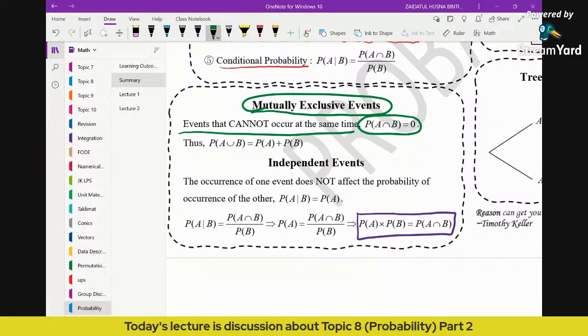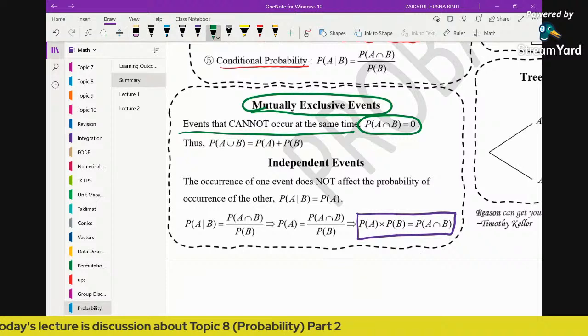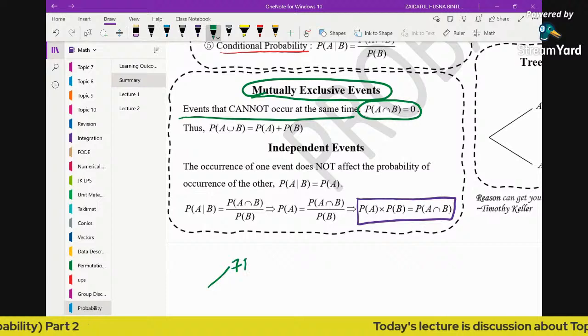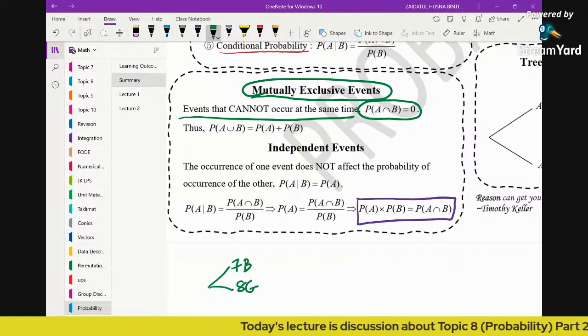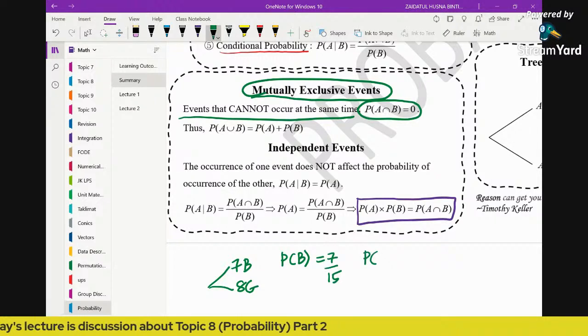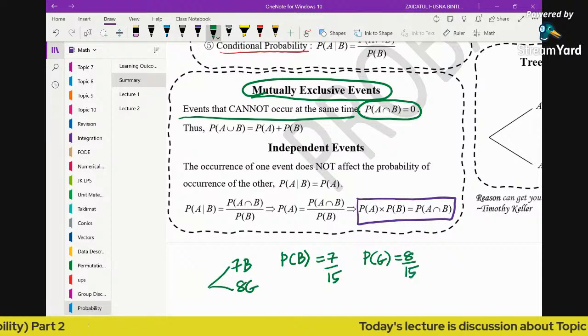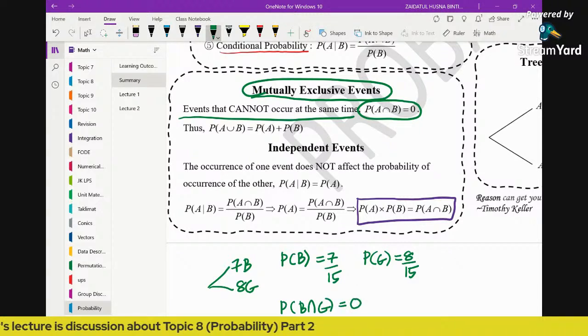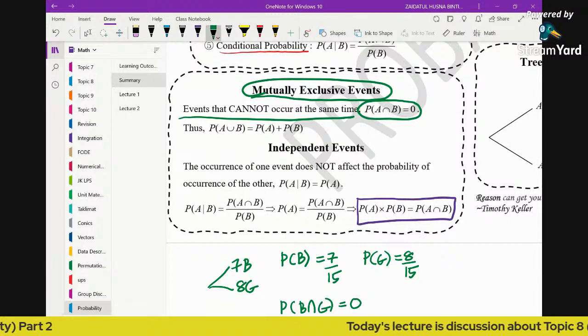As I gave in the example previously, let's say in one classroom we have 7 boys and 8 girls. The probability of obtaining a boy is 7 over 15, and the probability of getting a girl is 8 over 15. If we try to find the probability that the student chosen is a boy and a girl, we know for sure the probability will be zero, because there is no chance of one student being both boy and girl. So we can say that these two events are mutually exclusive.